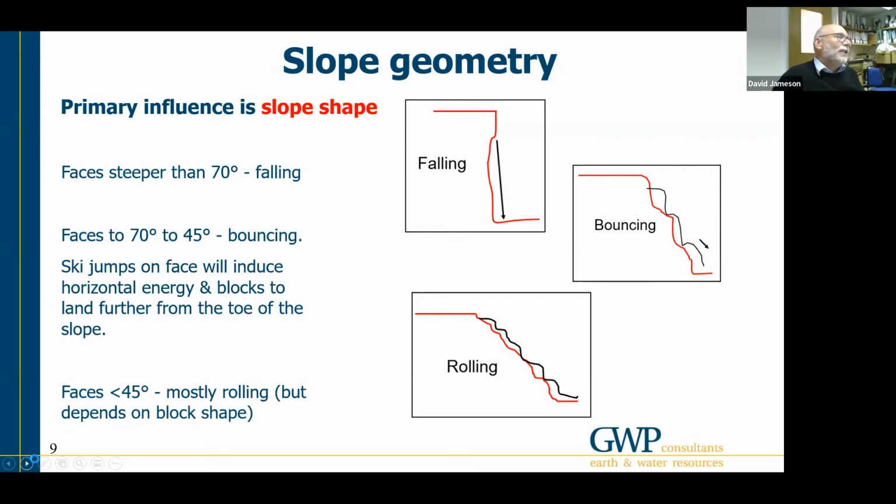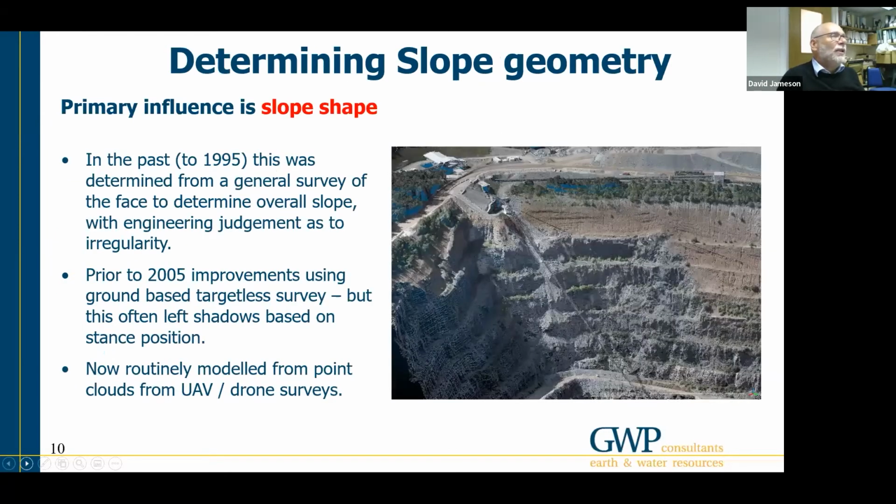So slope geometry is the primary controlling factor on rockfall trajectory. So how do you actually determine slope geometry?